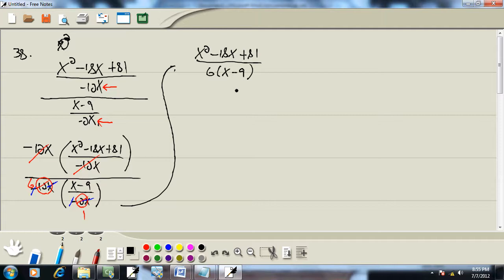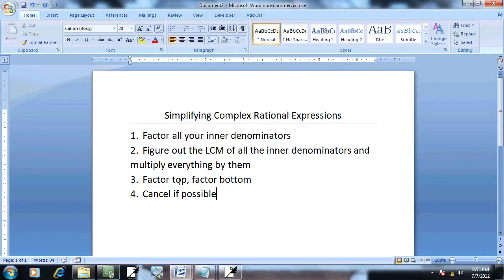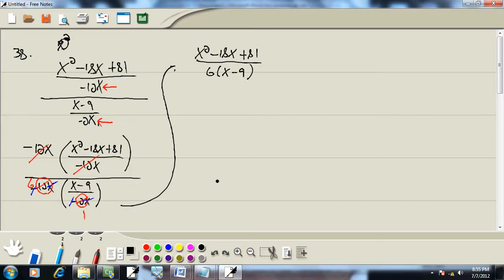Now I don't want to actually multiply that through, because our next step is to factor the top and factor the bottom. Well, this top part is the PSD method. X squared, x, no x, and there's no number for x squared. With the PSD, let me do it over here on the side so we see the steps. Now it doesn't mean it'll actually work, we're just trying it.